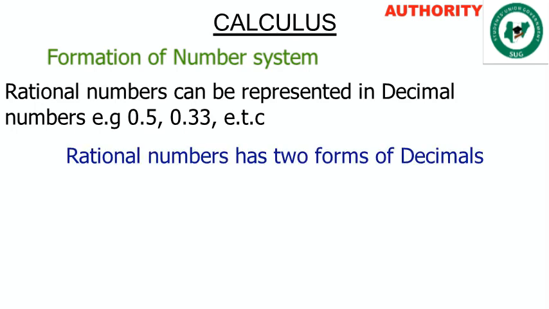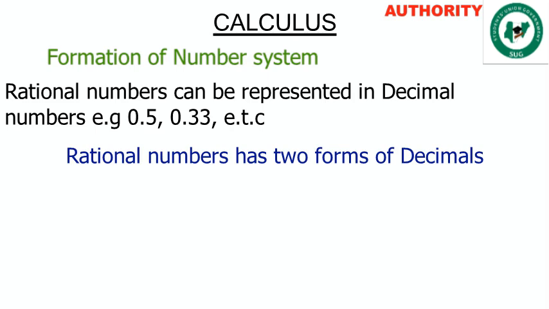Rational numbers have two forms of decimals. I told you that rational numbers can be represented in decimals, and that decimal can be of two forms. Please don't be confused. Let me come again.